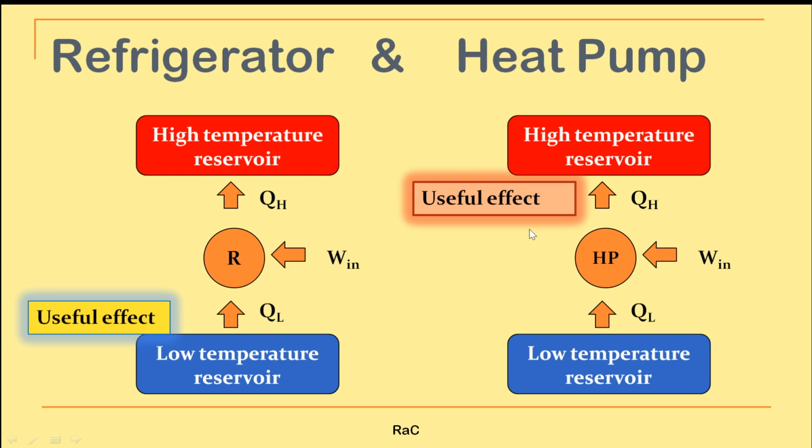On the other hand, in a heat pump, the desired effect is maintaining a higher temperature than that of the surroundings. Both the devices, while receiving external supply of energy, transfer heat from a low temperature reservoir to a high temperature reservoir, whether it is a refrigerator or a heat pump. But the effect is different. A refrigerator is meant for maintaining a lower temperature, but the heat pump is meant for maintaining a higher temperature. That's the only difference.